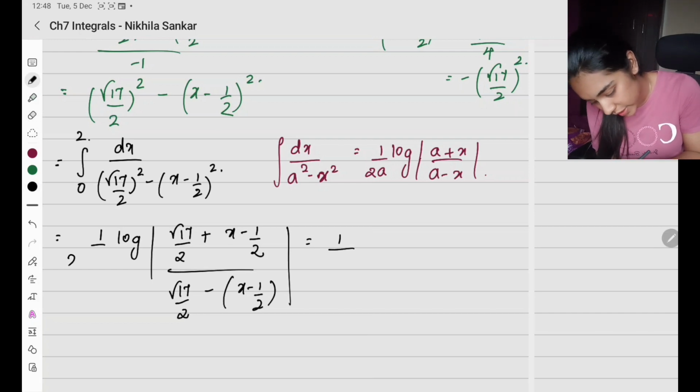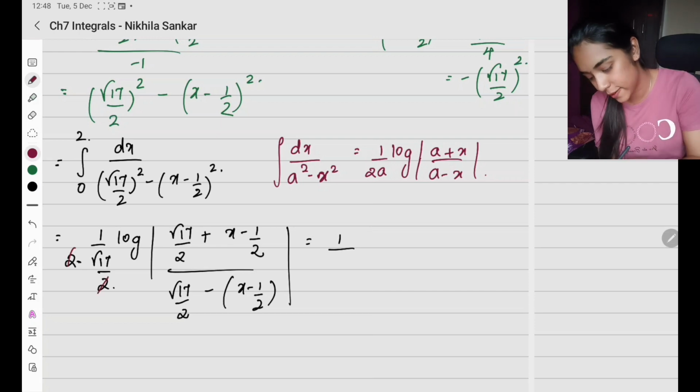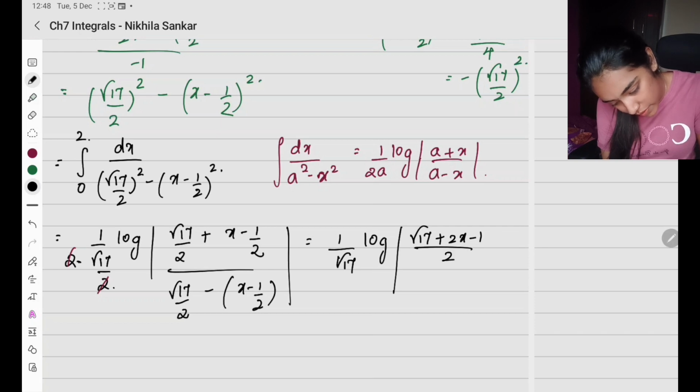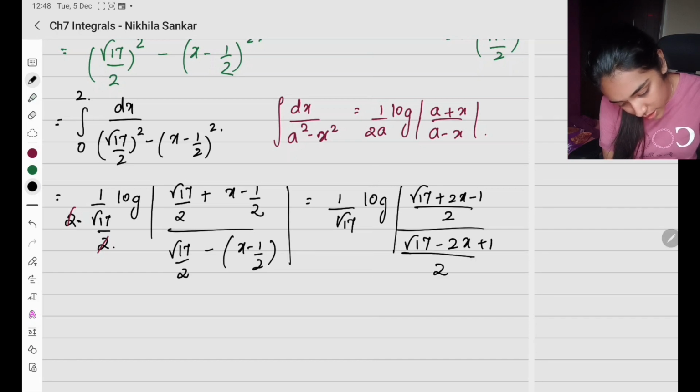What is my value of a? 2 times root 17 divided by 2. So the 2 cancels. Now I have 1 by root 17 times log mod. When I take the LCM, I have root 17 plus 2x minus 1 divided by 2, the whole divided by root 17 minus 2x plus 1 divided by 2.